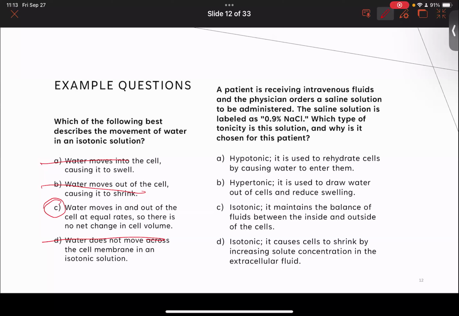The hypertonic is used to draw water out of the cells to reduce the cell's swelling. It would draw water out of the cells if the cells were swelling. And in this case, we're talking about our patient. You can go into the hospital with any complaint whatsoever, and a lot of times get an IV. Are you dehydrated? Nope.